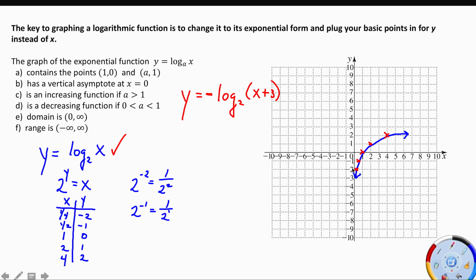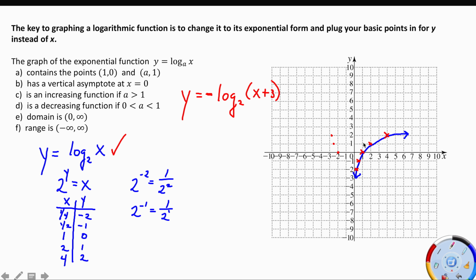So left 3, 1, 2, 3, and negative 1 times negative 2 changes my y value to positive 2. Left 3, 1, 2, 3, negative 1 times negative 1 is positive 1. Left 3, 1, 2, 3, and negative 1 times 0 is still 0.